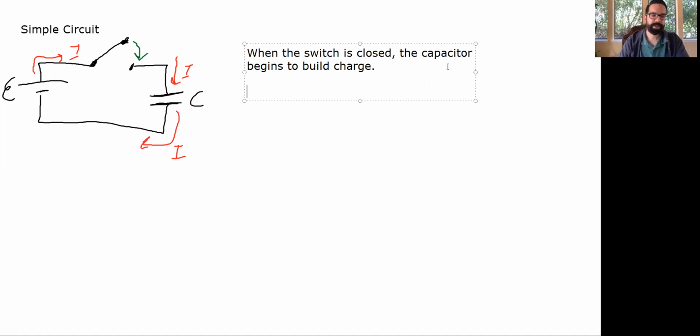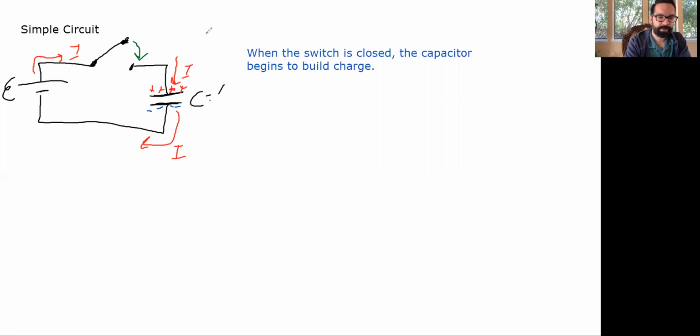Okay, so what's going to happen here is that we're going to start to get a lot of positives on this side. All these positives on the top part, and on the bottom, we're going to start to get all these negatives. So that capacitor starts to build up. Now remember, capacitance tells us how much charge it could hold at a specific voltage.